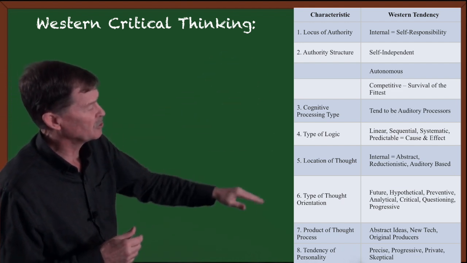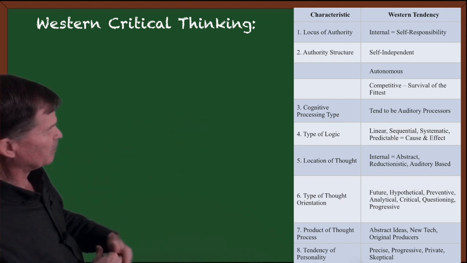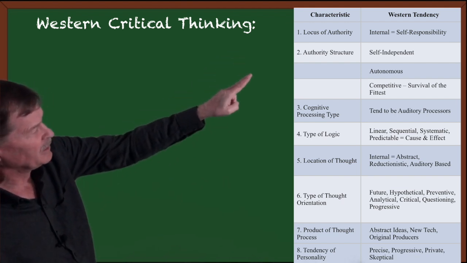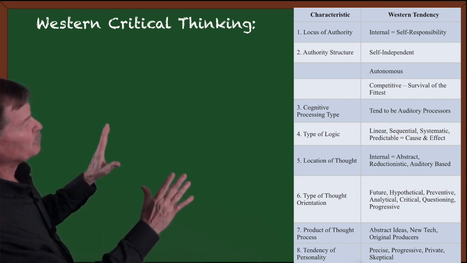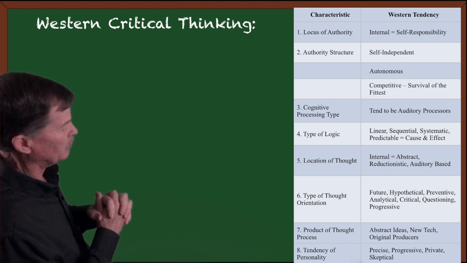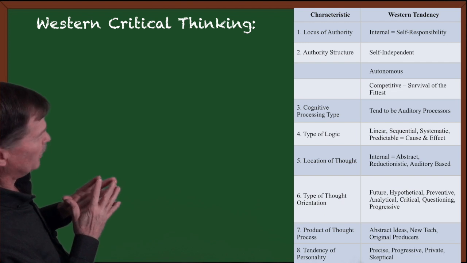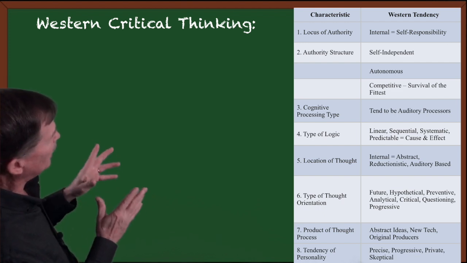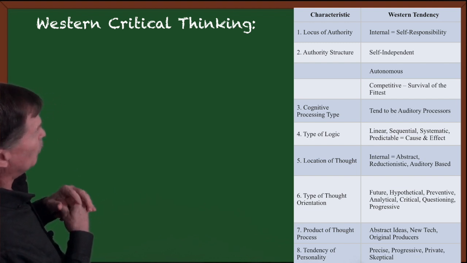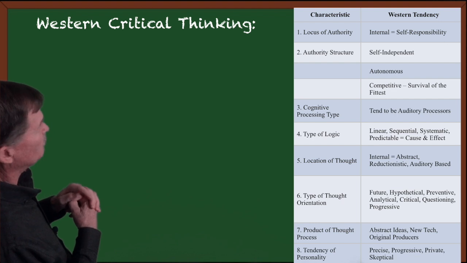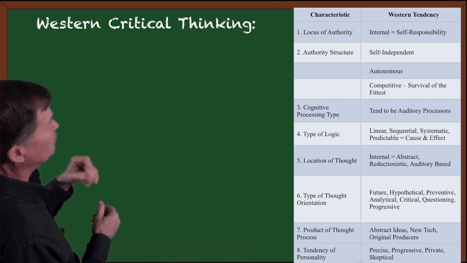So again, here is the summary of the same chart with the different characteristics, but giving it a Western tendency. Just looking it through, you can go down the locus of authority, the authority structure, the cognitive processing type, the type of logic involved, the location of thought, type of thought orientation, product of thought processes, and tendency of personality.